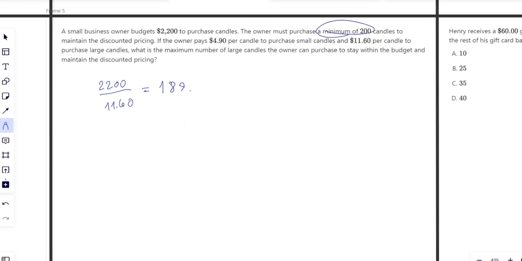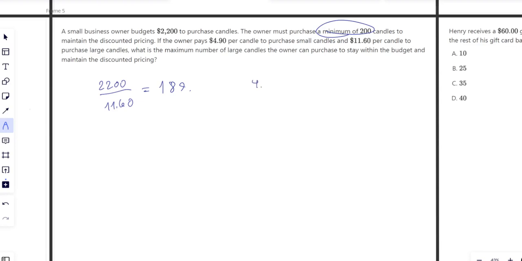So from here you could kind of guess and check, of course. But another thing you could do is just set up a system of equations here. When we're taking a look at this equation, I know that the budget is 2200.